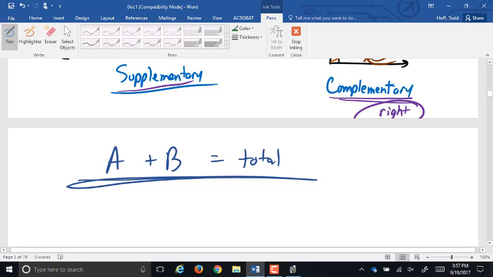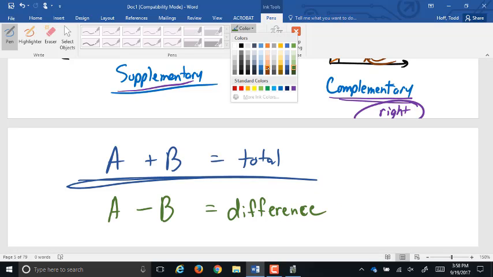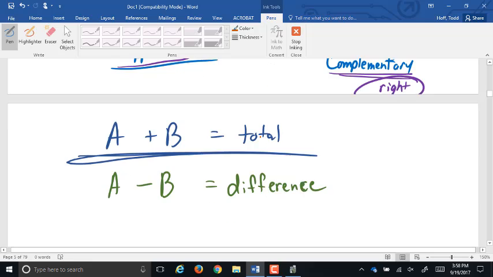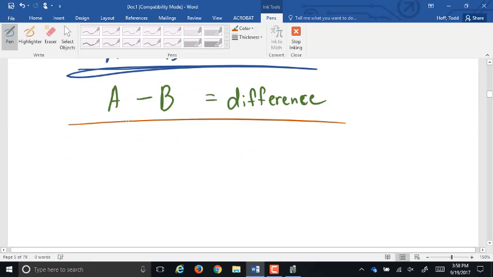Another situation would be A minus B, where two things subtract to make a known difference. And then the third situation we could have is that the two of them have to be equal. Well, let's look at some examples here.